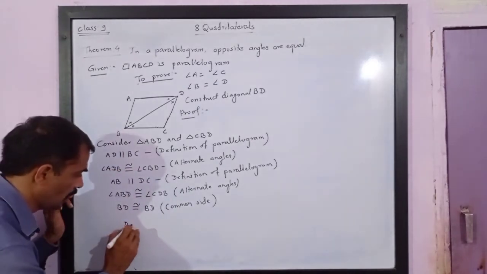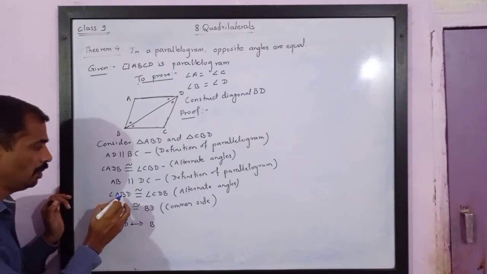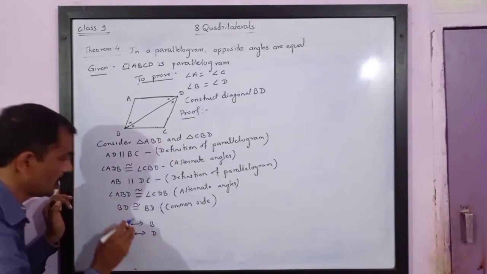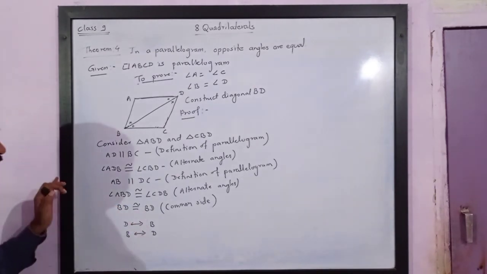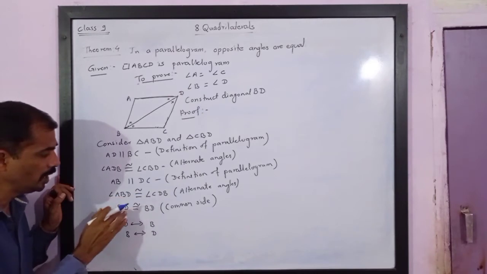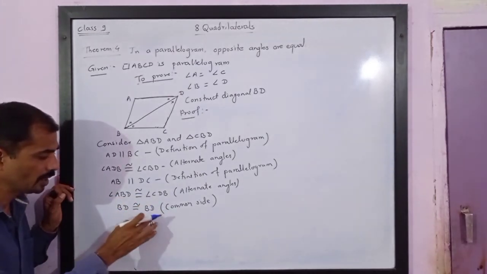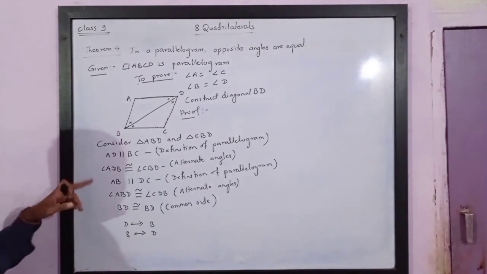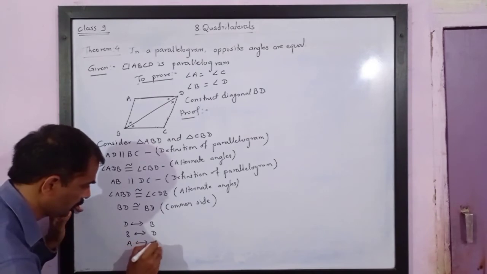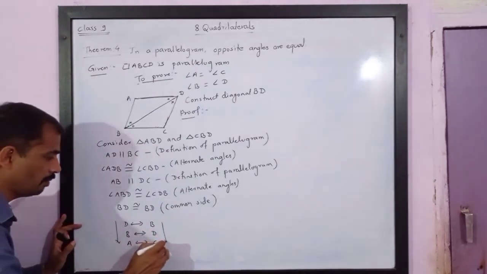So D corresponds to D, B corresponds to B. Only letter A is left, so A corresponds to C.